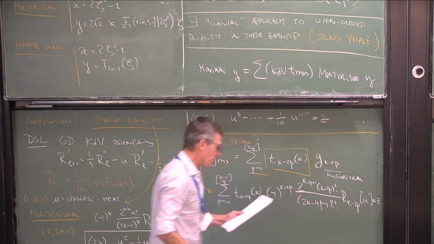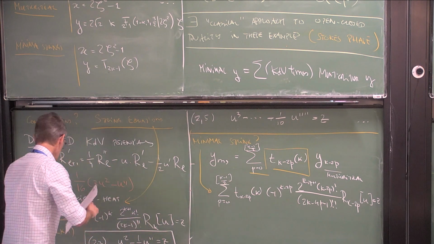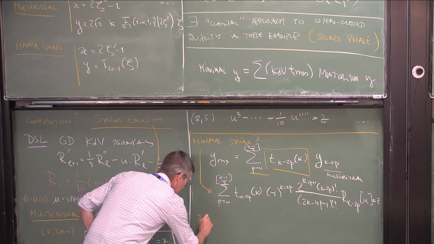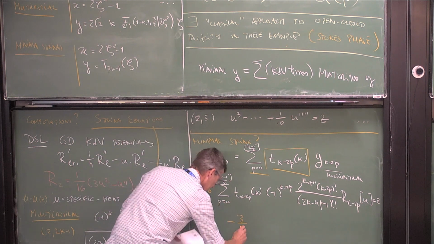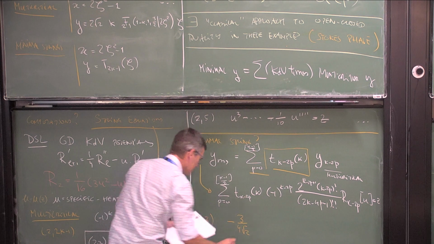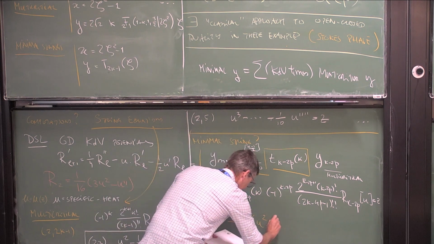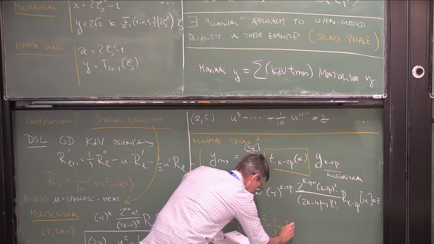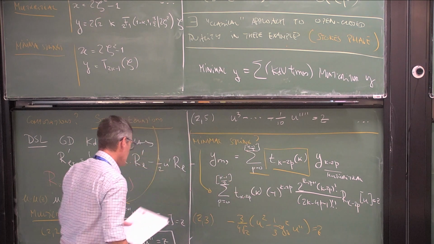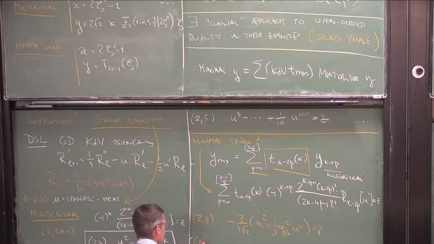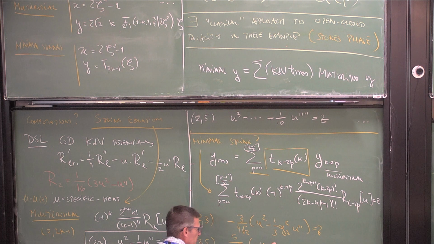Just to give you an example, which is just a simple example, if you do the 2,3, you obtain this equation, which up to normalization is again Painlevé I. So the first example is not terribly interesting because it gives you nothing new, but already when you go to 2,5, again I'm just giving you the first and the last terms, now you start with, well, there's a normalization factor, and you start with minus u.